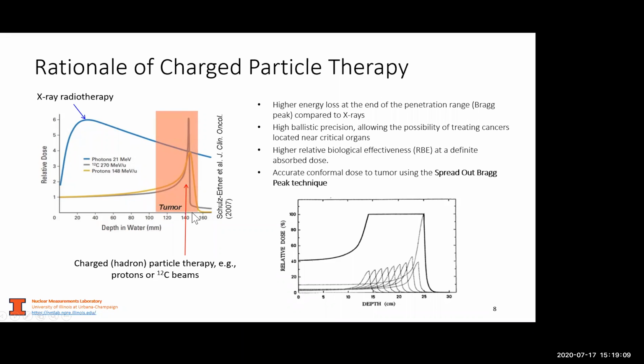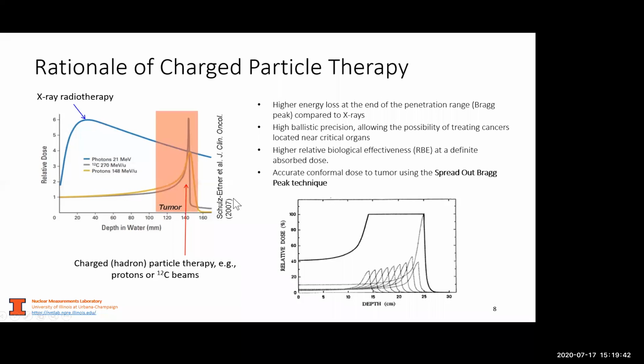This intuitively makes us realize how much more effective and conformal a treatment with charged particles can be. Obviously, when we deliver an X-ray treatment, we need to rotate the gantry around the patient in order to achieve the highest dose at the tumor location. And this is not strictly necessary in charged particle therapy. This peak is the so-called Bragg peak.